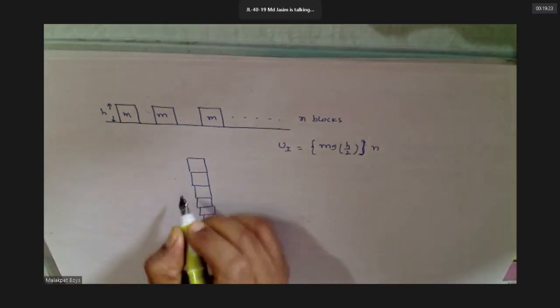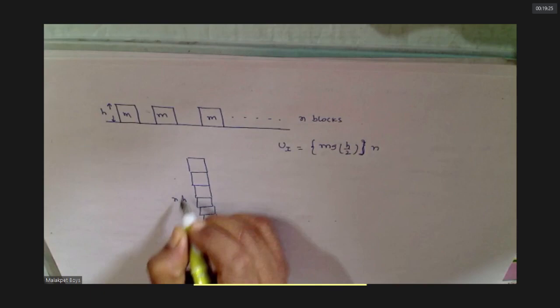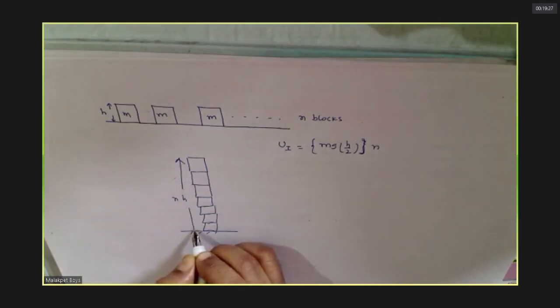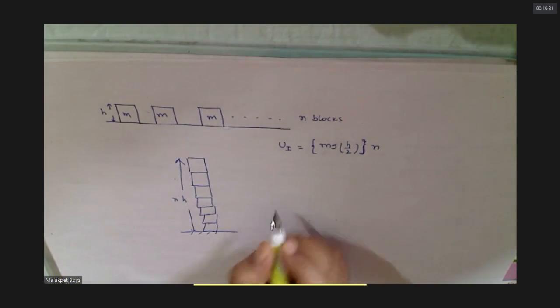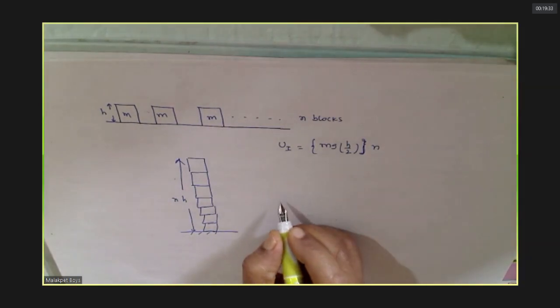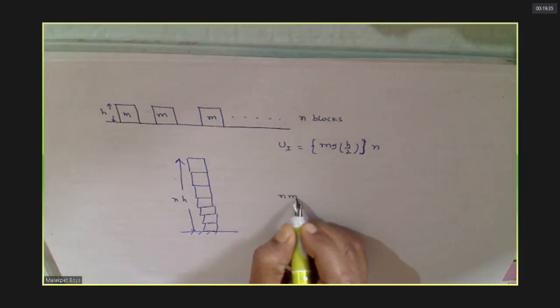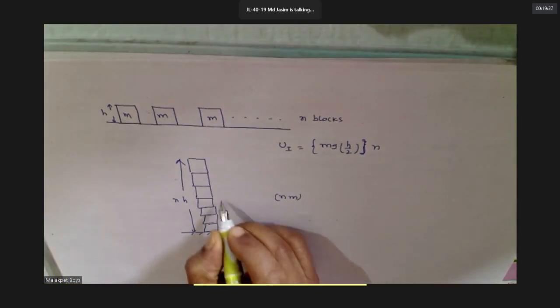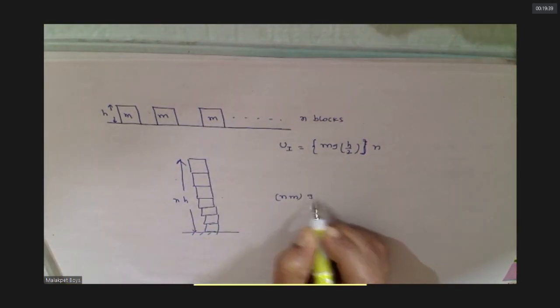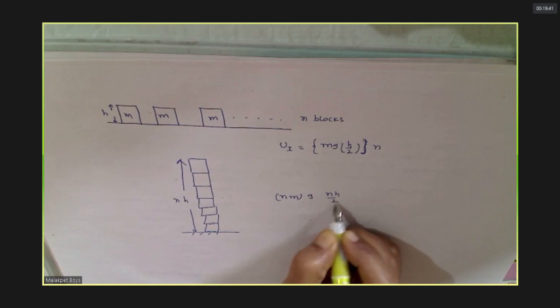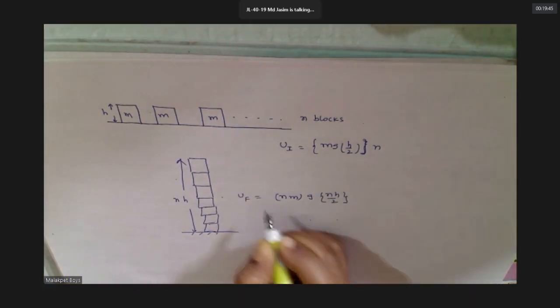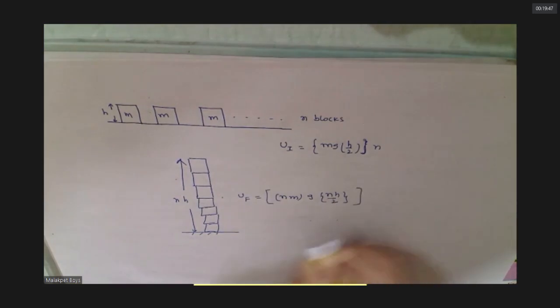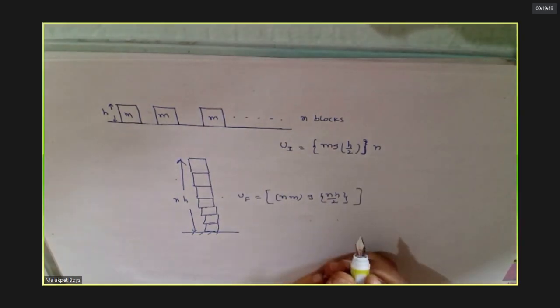N blocks, so the total height is nh. So what is the mass of the total system? N into m. Where will the center of mass be? At nh by 2. Remember this? Mass into gravity. Understood this or not?